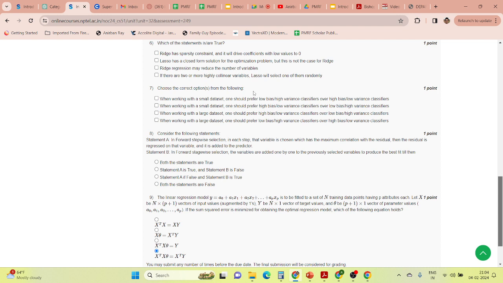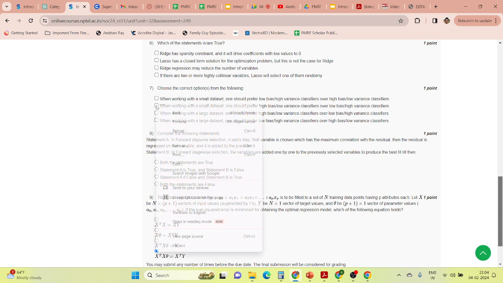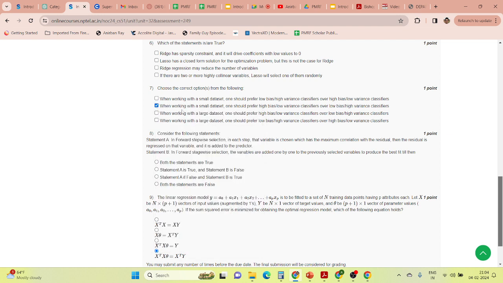So in a small data set we should choose a simple model, which means we have high bias. And in a large data set you can take a low bias, no problem with that.